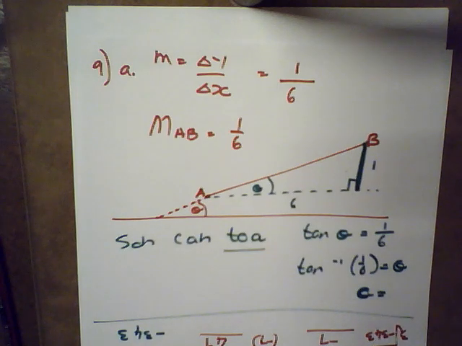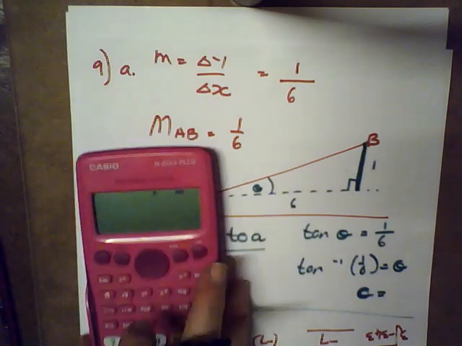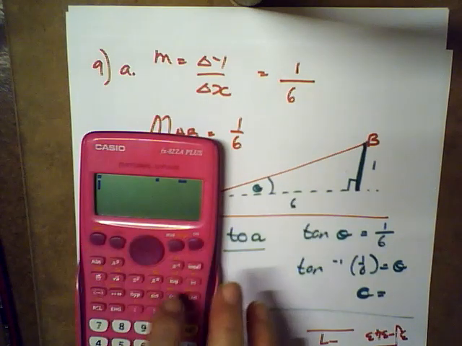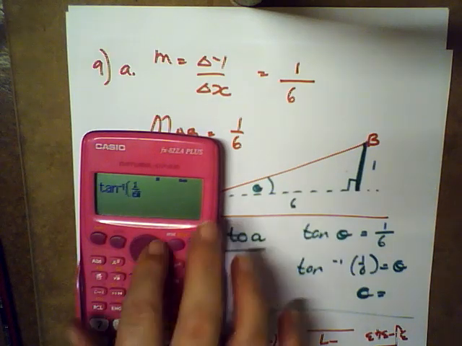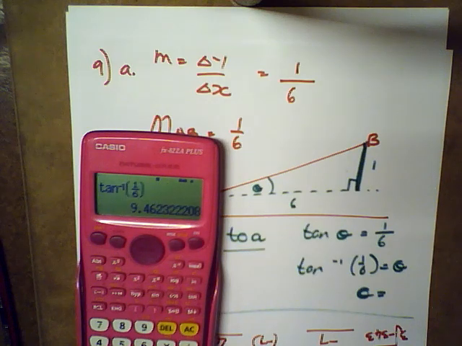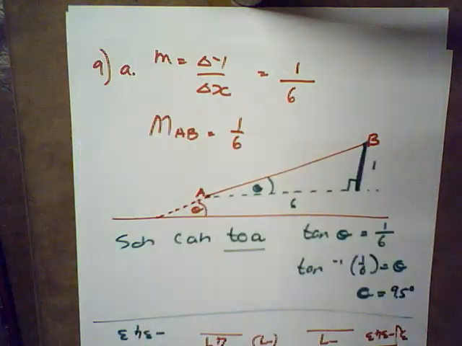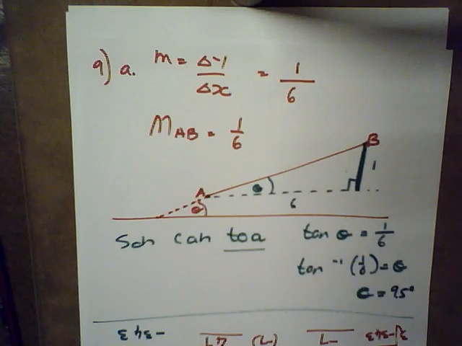If I plug that into my calculator, tan inverse of 1 over 6 gives me 9.46 degrees or 9.5 degrees, correct to 1 decimal place as I need. Good, so that was question 9.